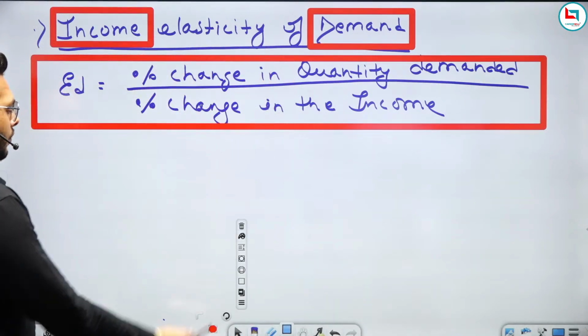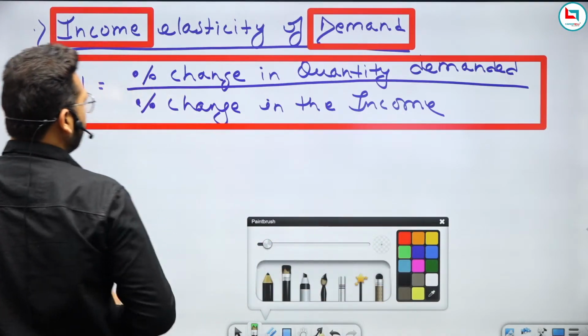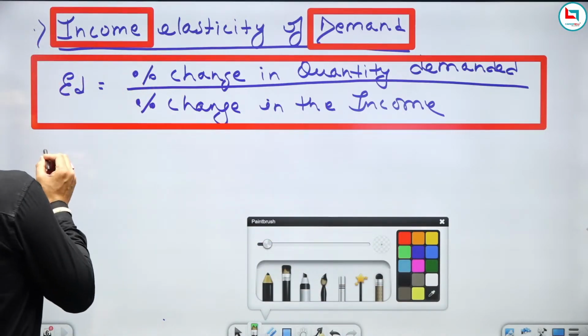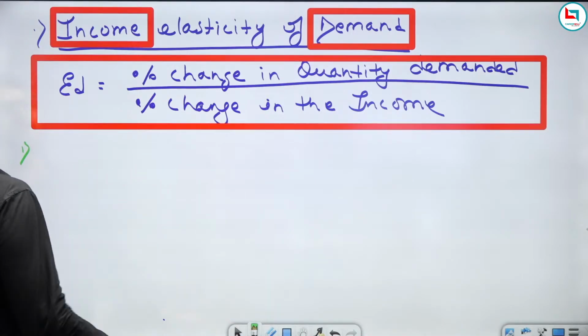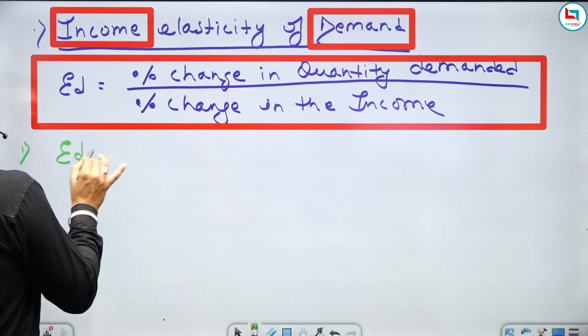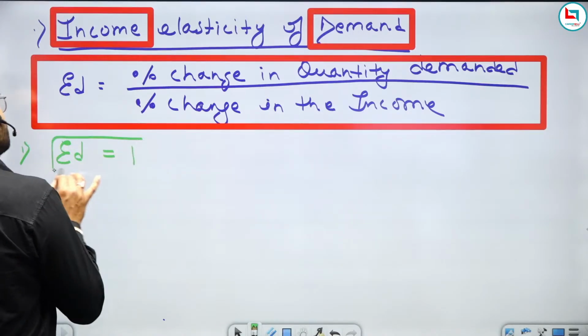So here we need to understand what types of possibilities there are for Ed. The first one is Ed equals 1.